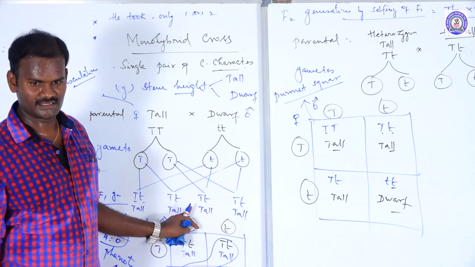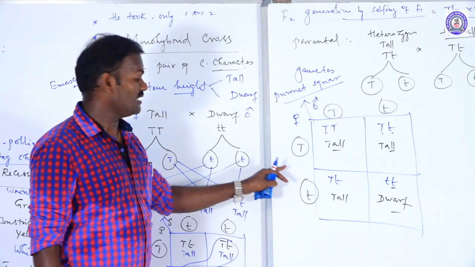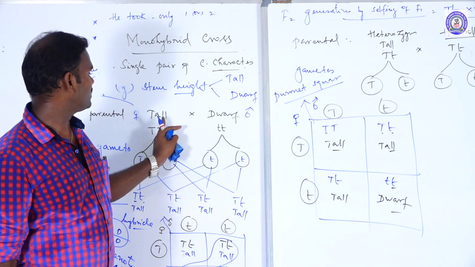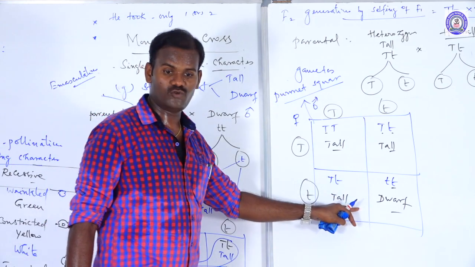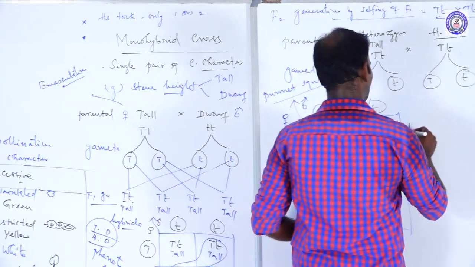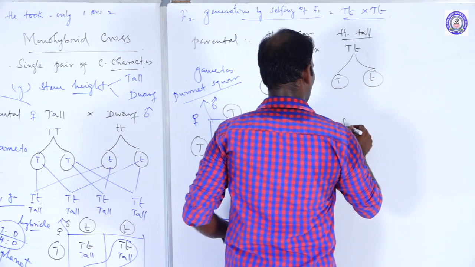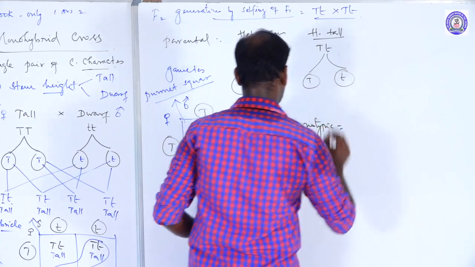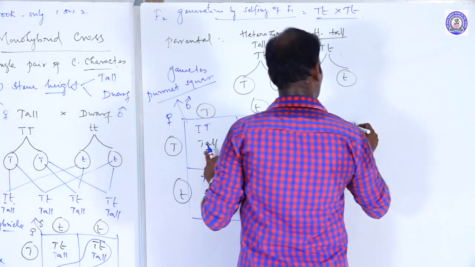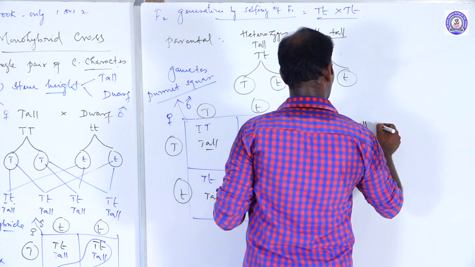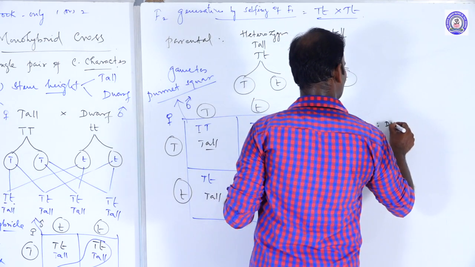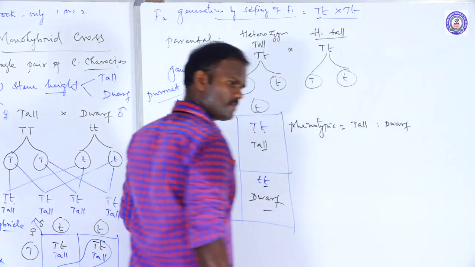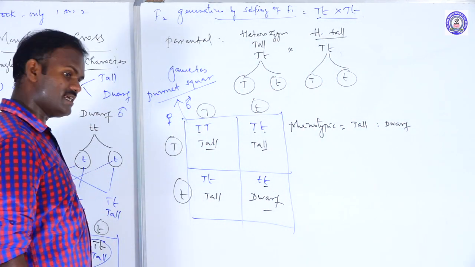That's the dominant character. And in the F2 generation, both the parental characters, tall and dwarf, are expressed. If you observe phenotypically, tall and dwarf plants are observed. But in F1 only tall plants appear.